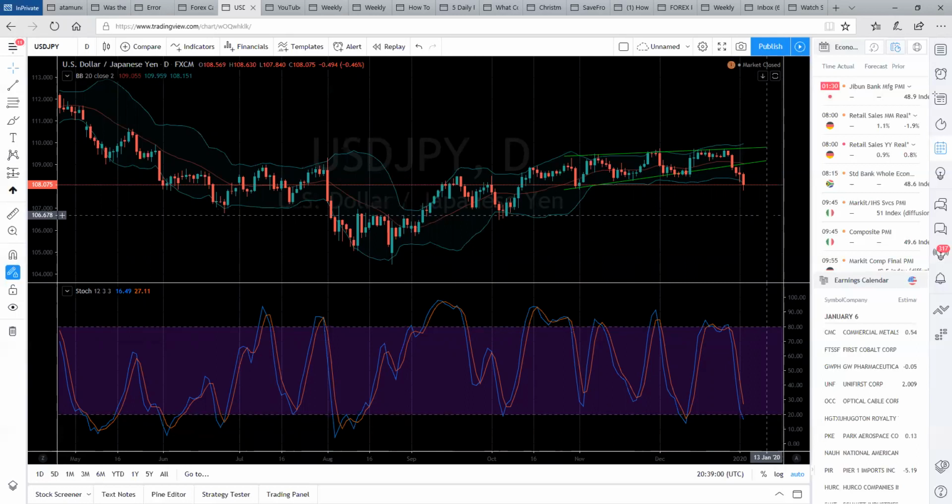Based on the daily, we could even sell first of all to 106.70 before coming down as much.